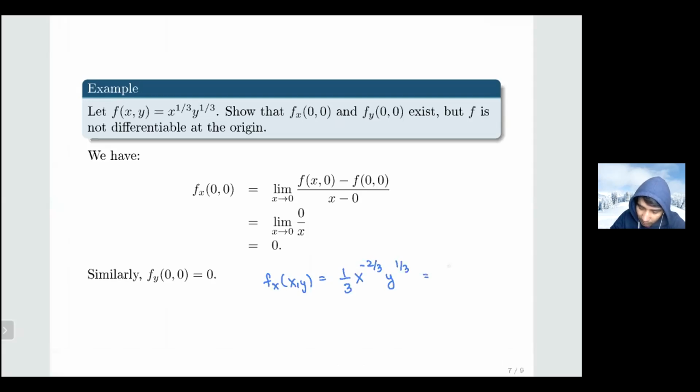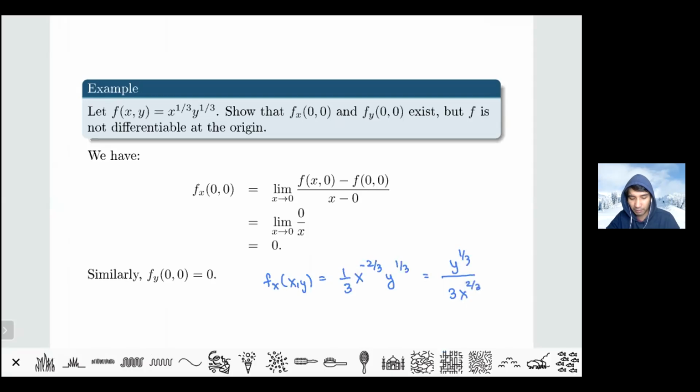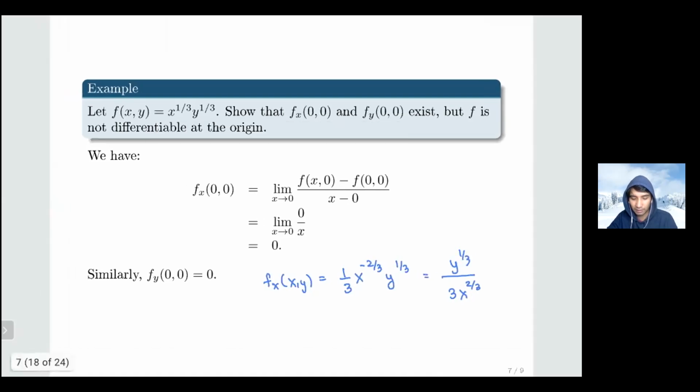So, this is the same as y to the 1/3 over 3x to the 2/3. Pero baka pag tinignan nyo yan, pag nag-plug in kayo ng x equals 0 and y equals 0, makikita nyo magiging 0 over 0. So bakit ganun? Pero na-compute natin na partial derivative ay equal to 0. Pero parang pag tinignan mo dito, mukha siyang indeterminate.